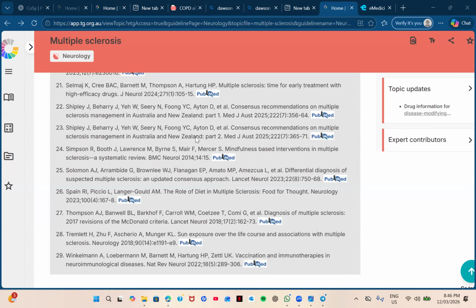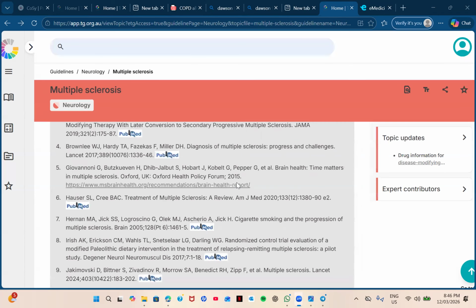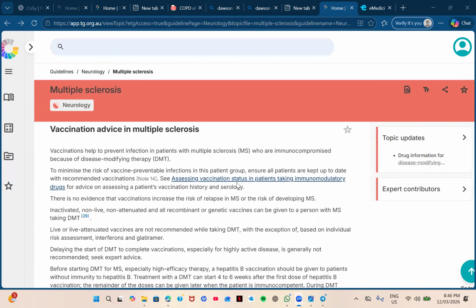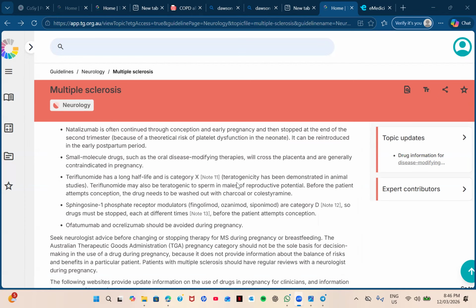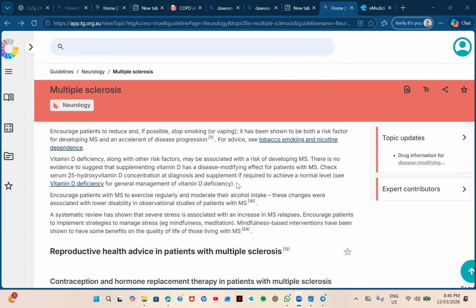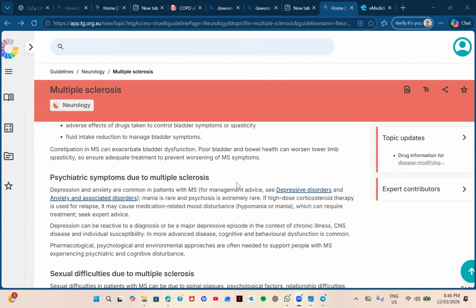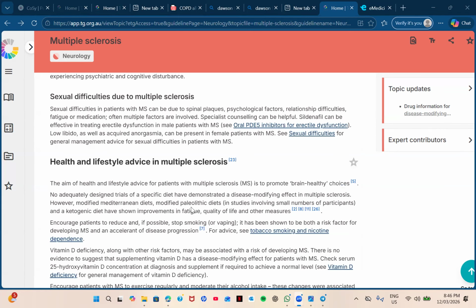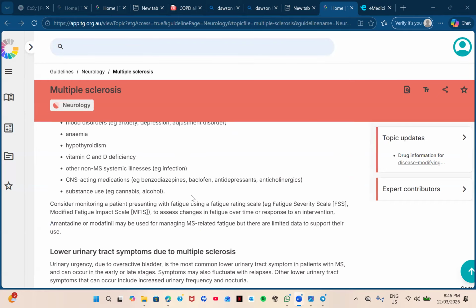Erectile dysfunction and everything. Then what else do we have? Paroxysmal symptoms, carbamazepine, right? Fatigue, amantadine. Bladder urgency, frequency, we can give oxybutynin, right? Urine incontinence, we can give oxybutynin, right? I have mentioned it here. Sexual difficulties.